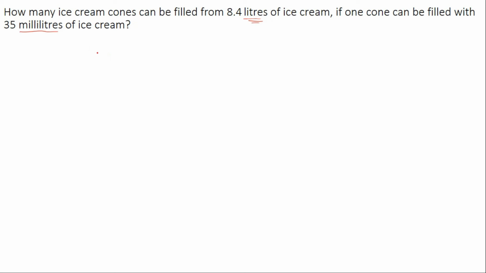So we can write 8.4 into 1000 divided by 35. If you remove this decimal, then we have to multiply 10 here, then 0 cancels. When you solve it, you will get the answer 240. So 240 ice cream cones can be filled from 8.4 liters of ice cream.